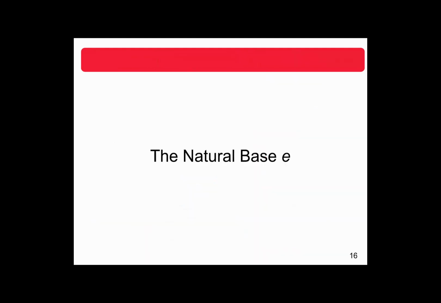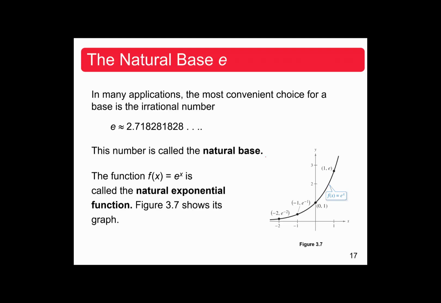So now let's take a look at how we derive the natural base e, right? First of all, the natural base e is called Euler's number. It's named after the mathematician who discovered this number. And e is approximately equal to 2.718.